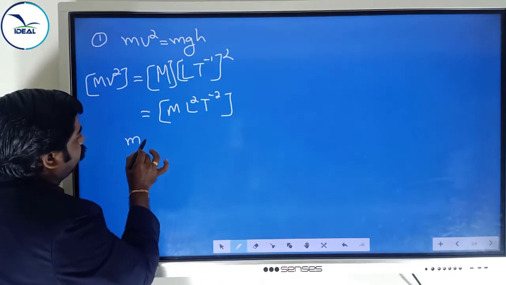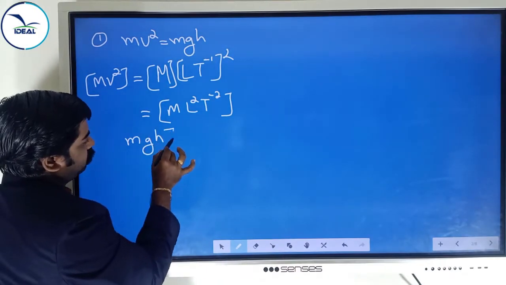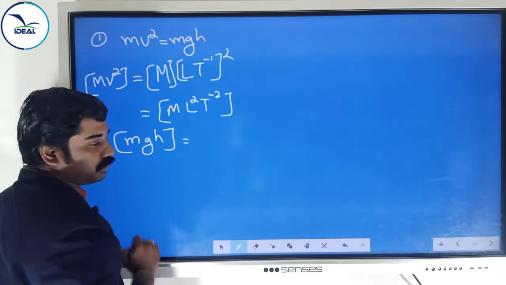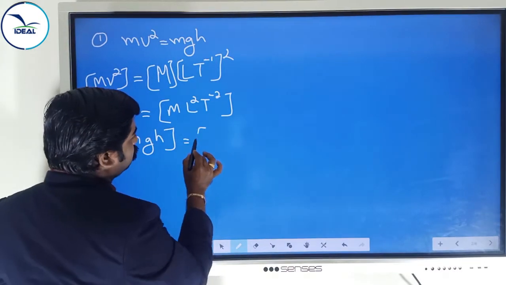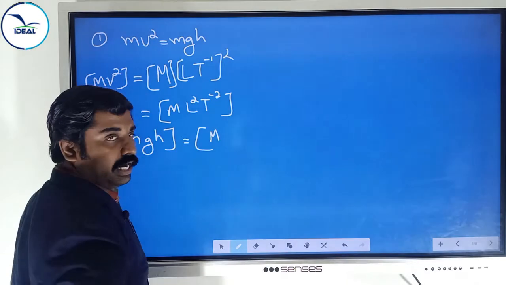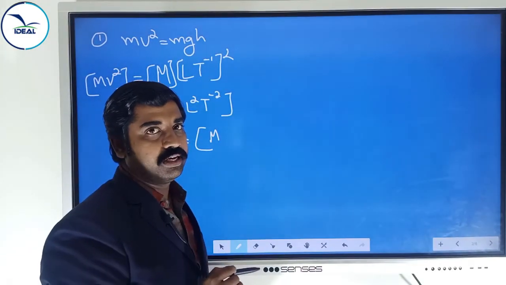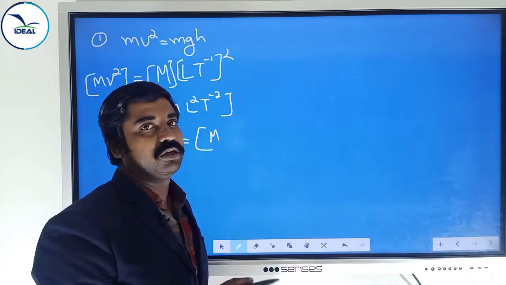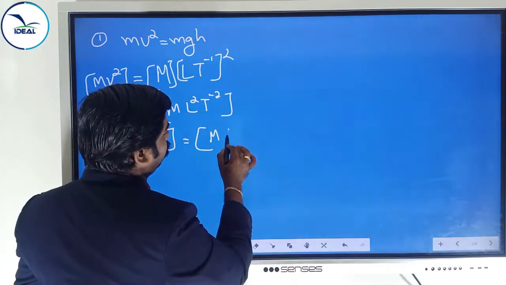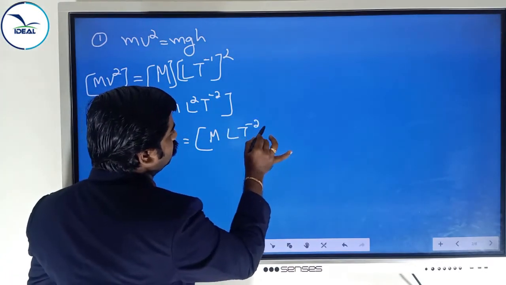And what about the dimension of mgh? Dimension of m is M itself, and the dimension of g is the acceleration due to gravity, which has the same dimension as acceleration, so it is LT raised to minus 2.